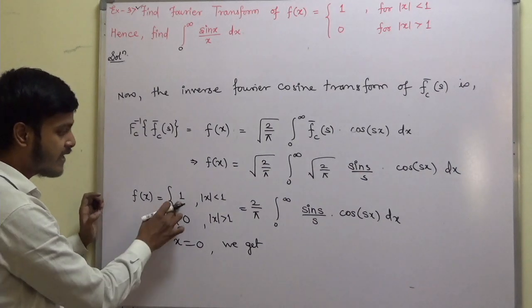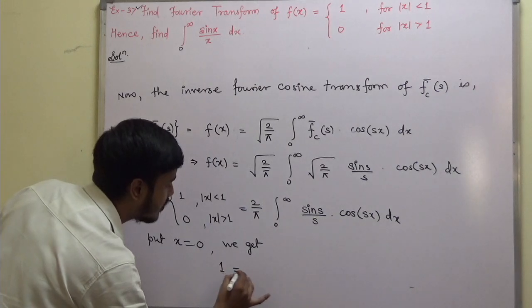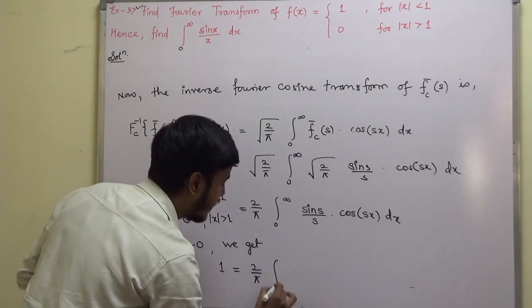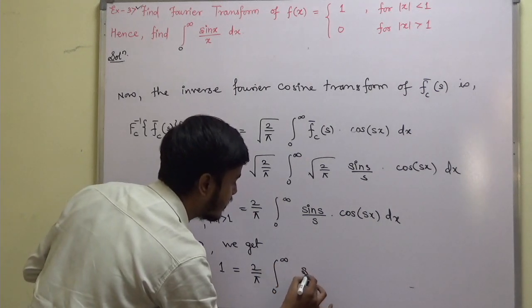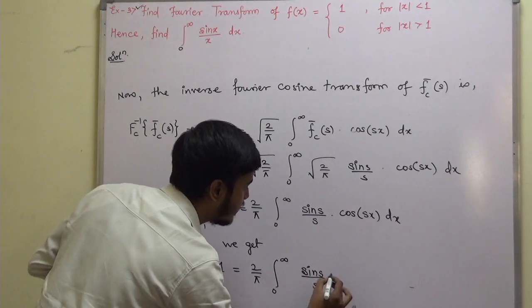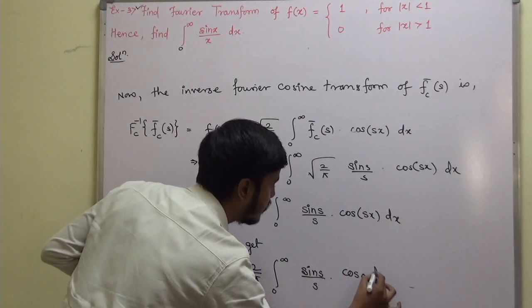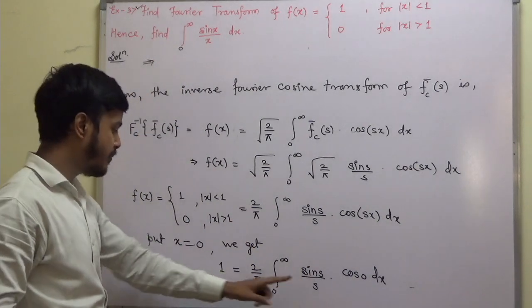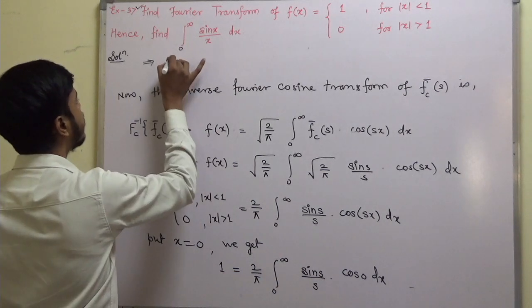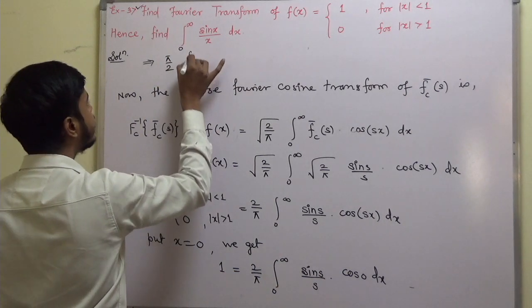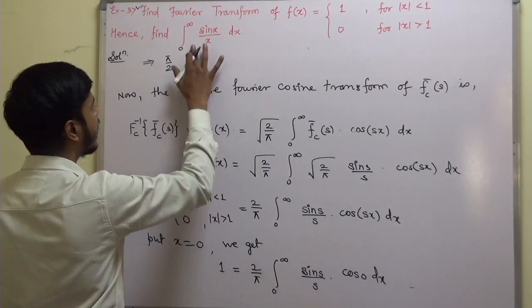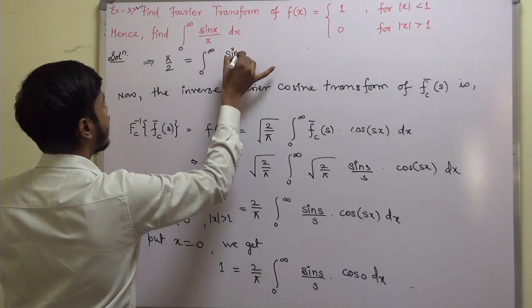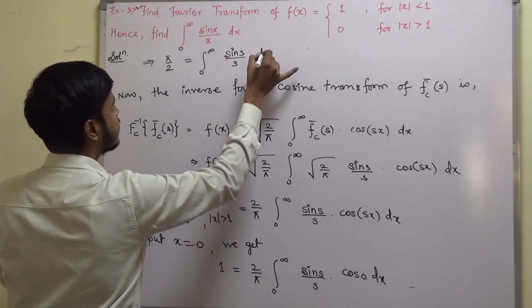So f of x gives 1 is equal to 2 by pi integration 0 to infinity sine s upon s cos 0 dx. And what is cos 0? Cos 0 is 1. So we remain with pi by 2 is equal to integration 0 to infinity sine s upon s ds.